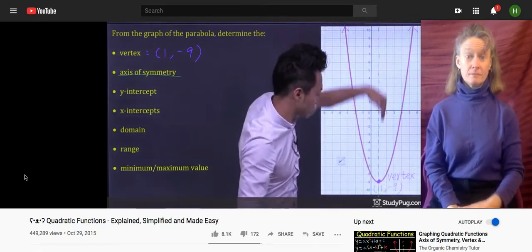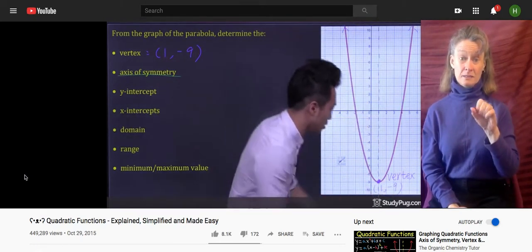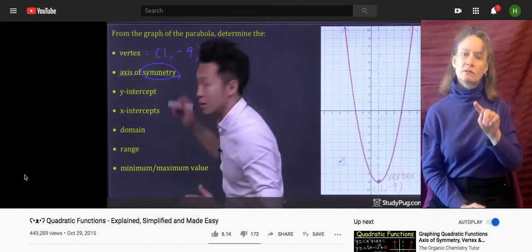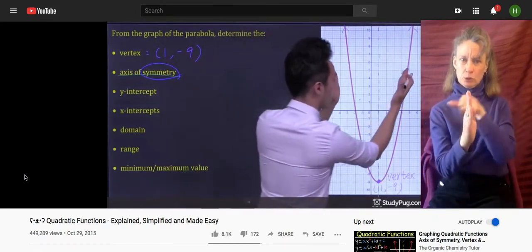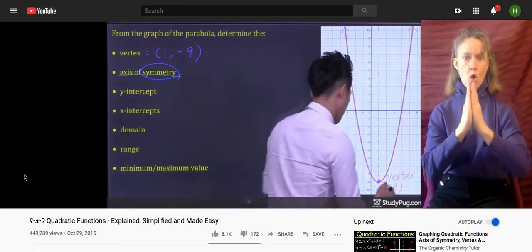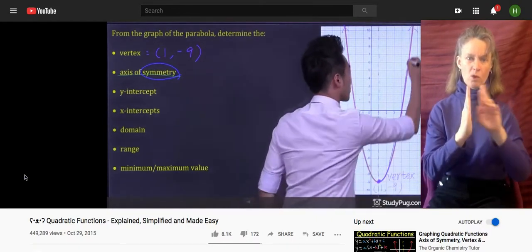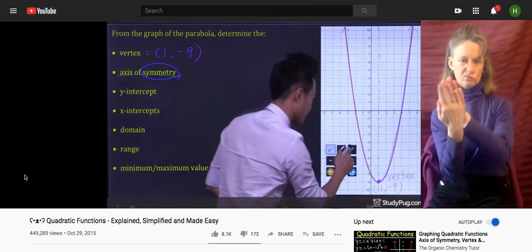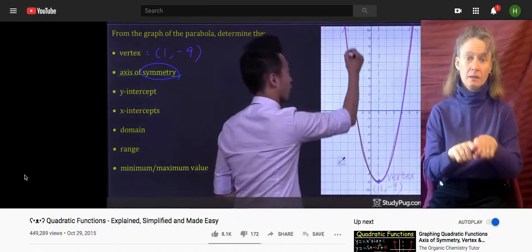And the axis of symmetry must always pass through the vertex. The symmetry behavior can be best understood when we fold the parabola in half along the axis of symmetry. Then the right half of the parabola will completely overlap the left half of the parabola.